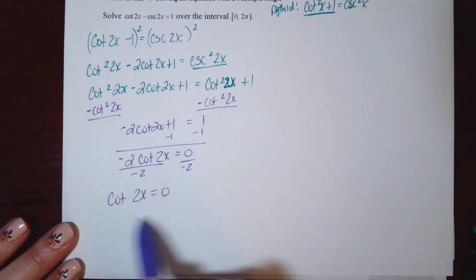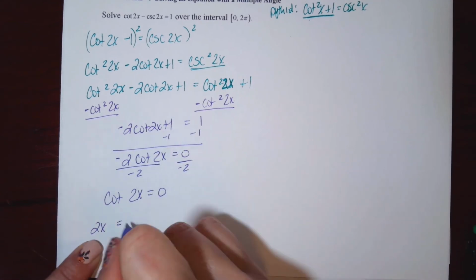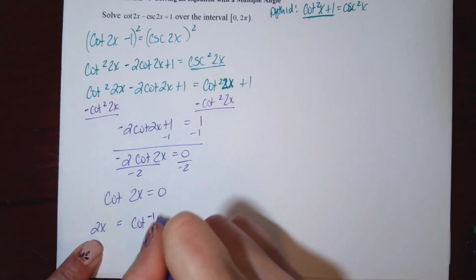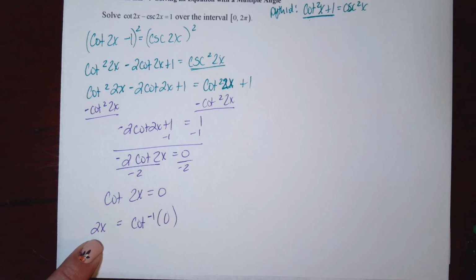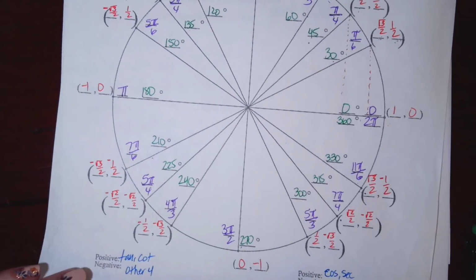So when I'm solving for this argument, that means that I've got some angle 2x that has a cotangent function value of 0. Well, where is cotangent 0? Cotangent is 0 anywhere my x-coordinate is 0.